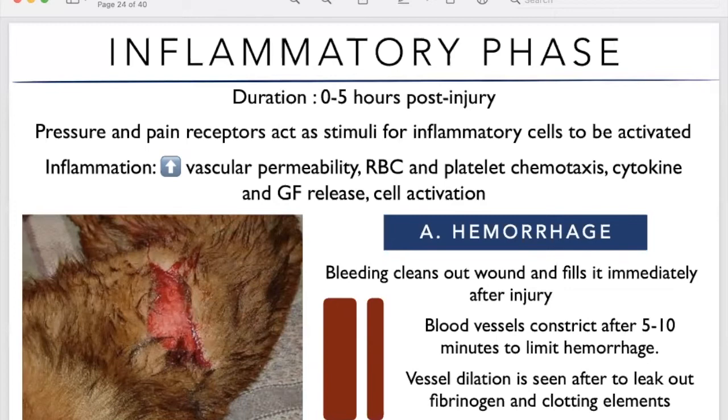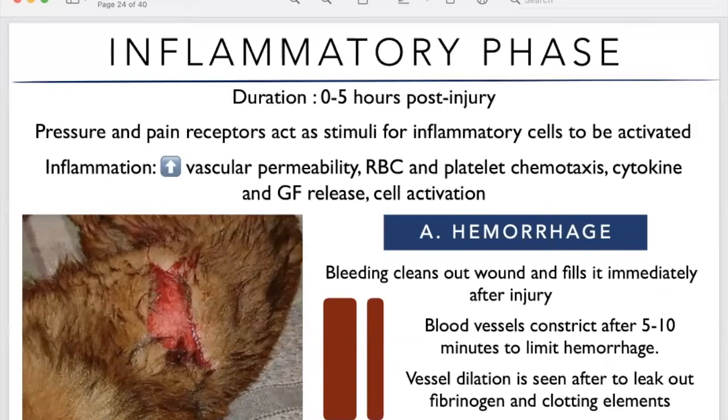Okay, what happens during inflammation? There is increased vascular permeability. Okay, mas mabilis nakakalabas from the capillaries ang mga inflammatory cells, which it usually cannot, right, in normal setting. RBC and platelet chemotaxis, the release of cytokines and growth factors, and the inflammatory cell activation, right? And it has some parts to it.